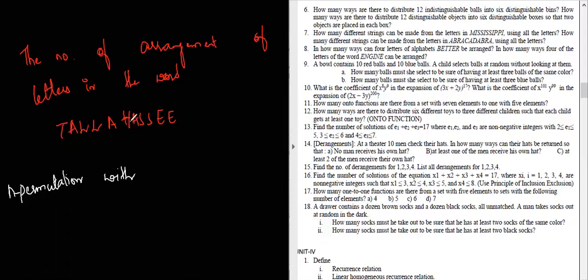T and H are not being repeated. So n permutations with some repetitions and some not repeated. So for n permutations with constrained repetitions, the formula is given as follows.